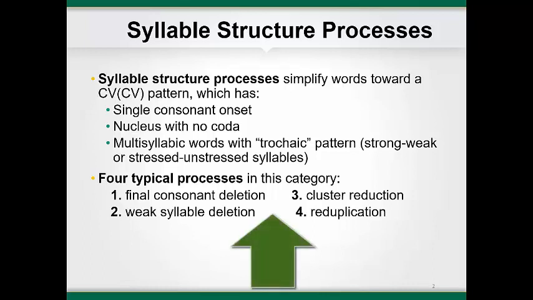The four commonly observed syllable structure processes that I will cover are final consonant deletion, weak syllable deletion, cluster reduction, and reduplication. All but the last one of these processes result in a decrease in the number of phonemes in the word.